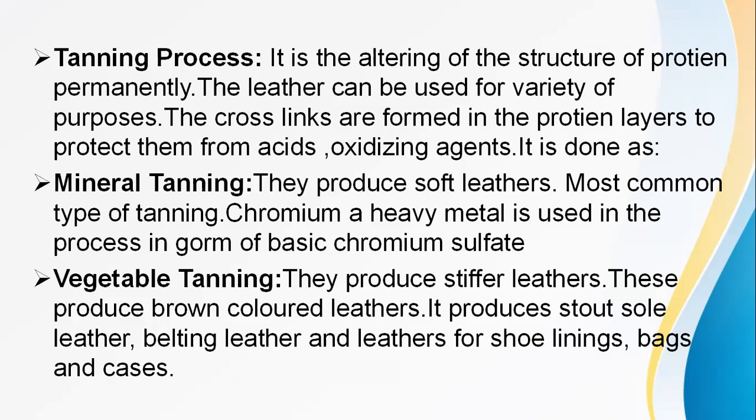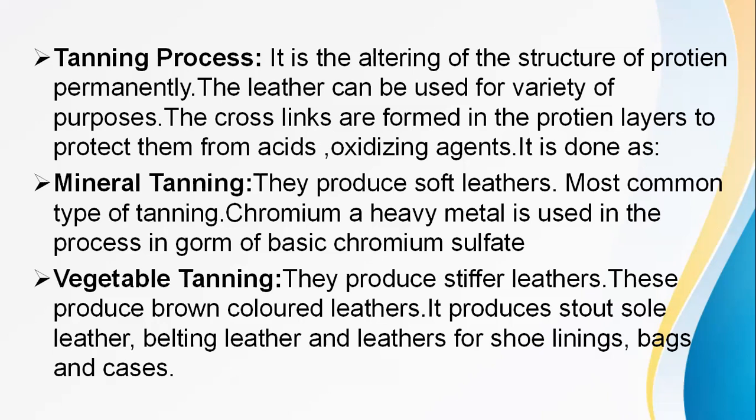Chromium, a heavy metal, is used in the process in the form of basic chromium sulfate. Vegetable tanning produces brown colored leather. It produces stout sole leather. It is used in various things such as belting leather and leather for shoe linings, bags and cases.